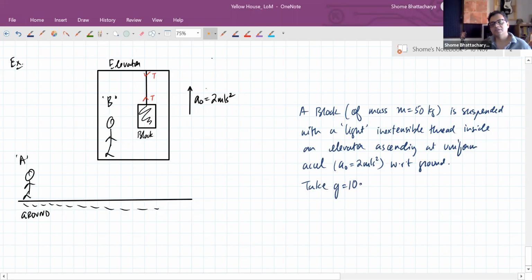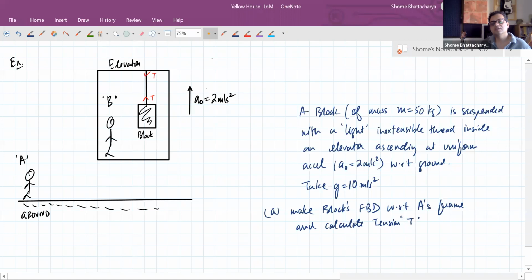Take g equal to 10 meters per second square. So first part, make the block's free body diagram with respect to observer A's frame, okay, and calculate the tension T in the thread.